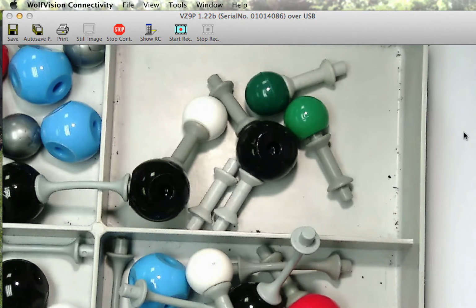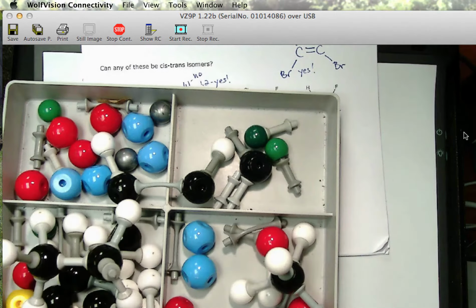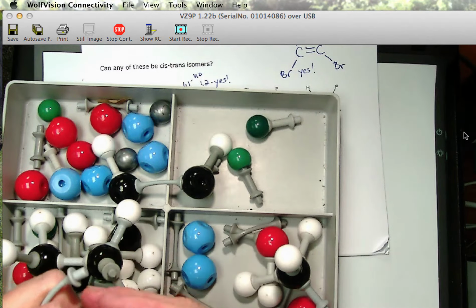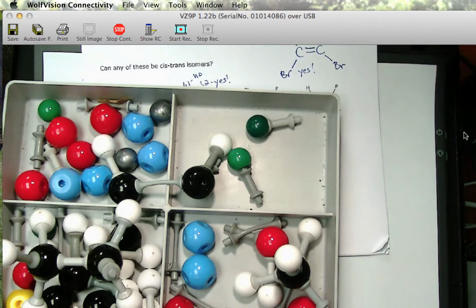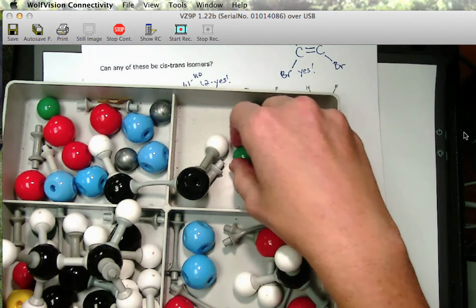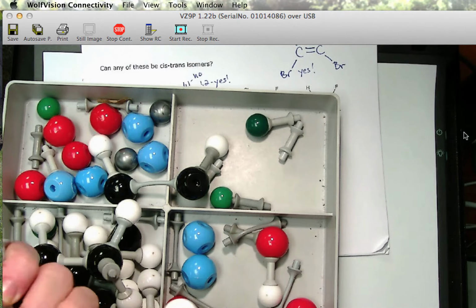So, with your model kits, all right. So I have a methyl.